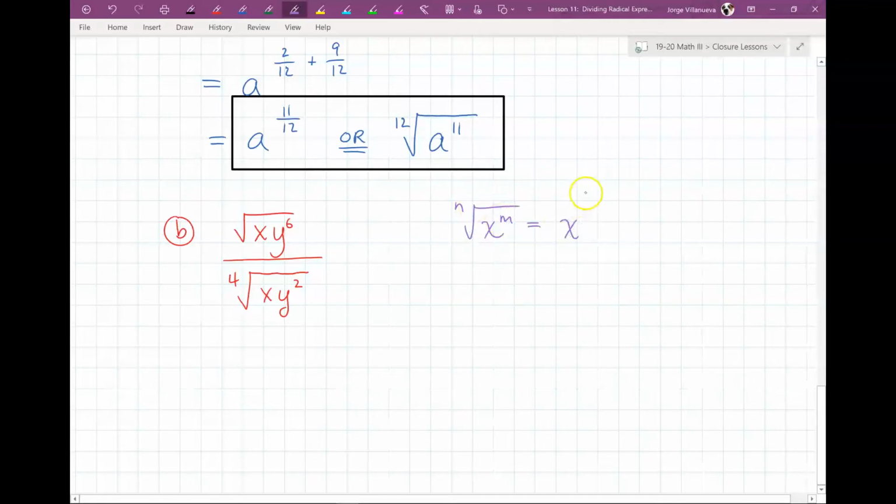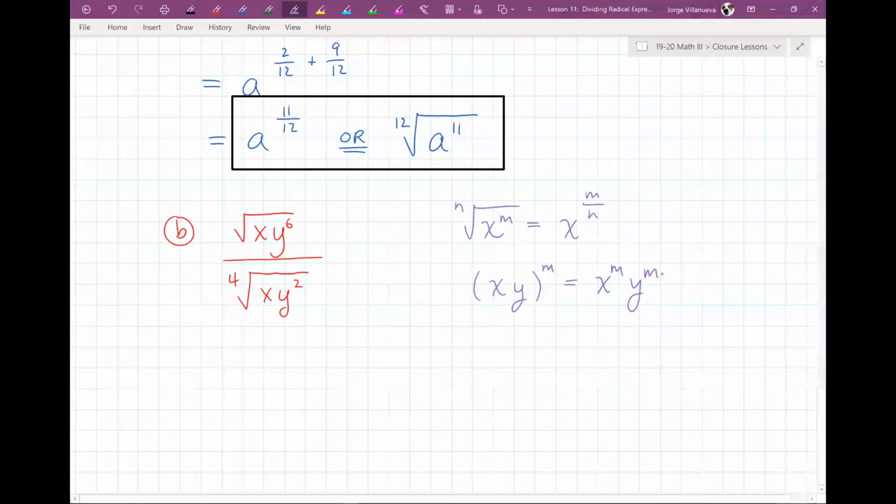X to the m over n. We're also going to have to remember this property. So, how can I write this? Xy to the m is the same as x to the m and y to the m. We're going to kind of work this a little backwards.